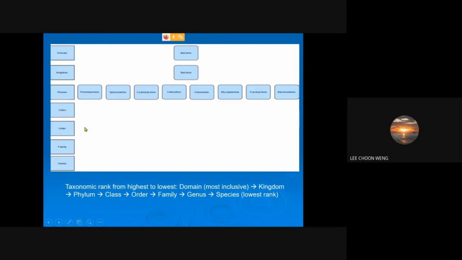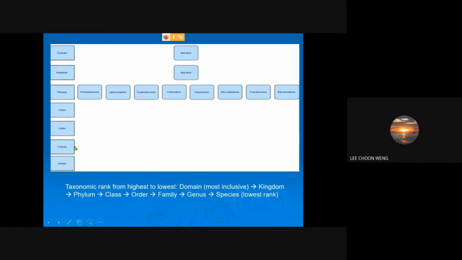From the Gamma-Proteobacteria, you have different orders. And then from different orders, you have your family. The difference between these, you can detect from the naming itself. For order, it ends with -ales.